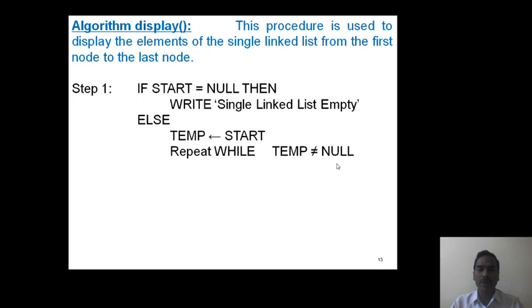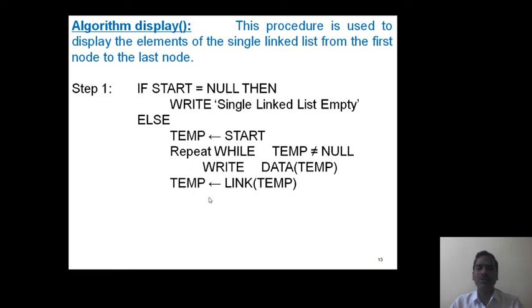Now it is a repetition process: repeat while temp not equivalent to null. If temp has not reached the null pointer, write data of temp. Now temp is shifted to the next location as temp equivalent to link of temp. Now end repeat, repetition process completed. End if, comparison completed. Step 2, return from the function.